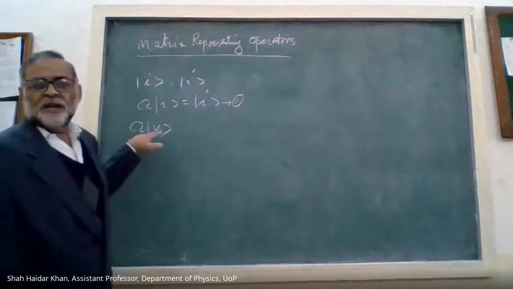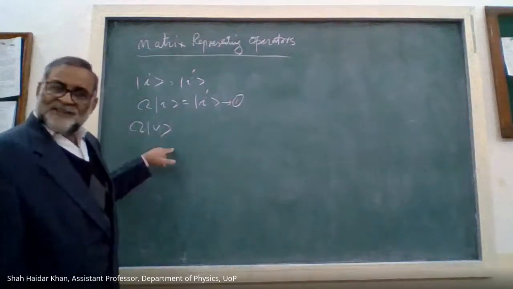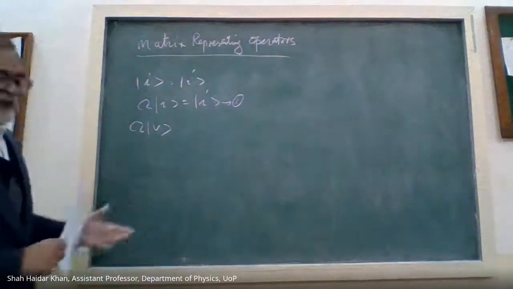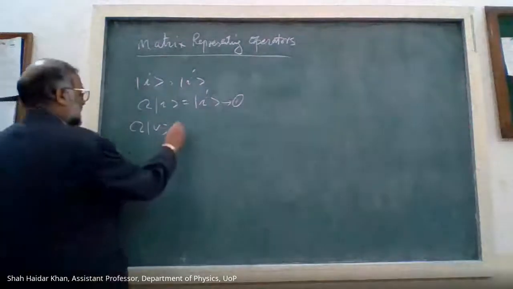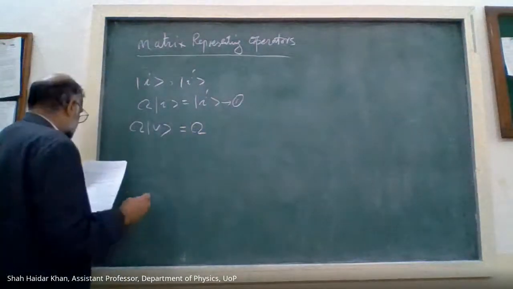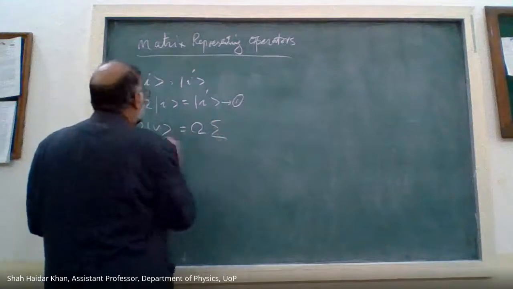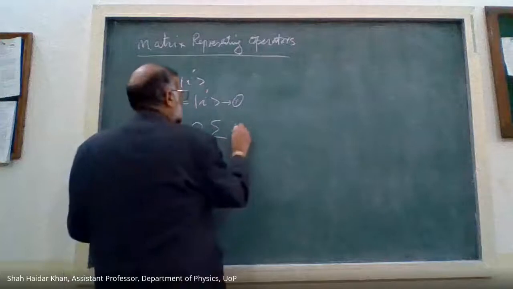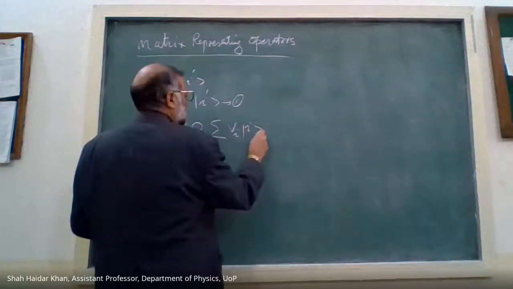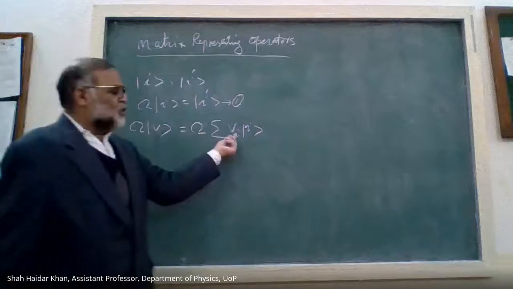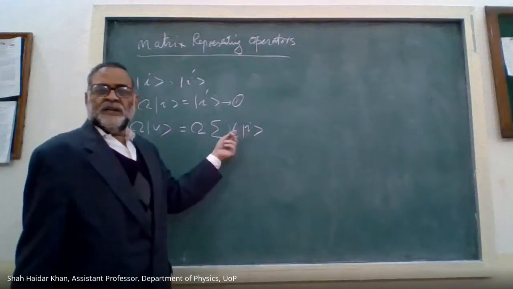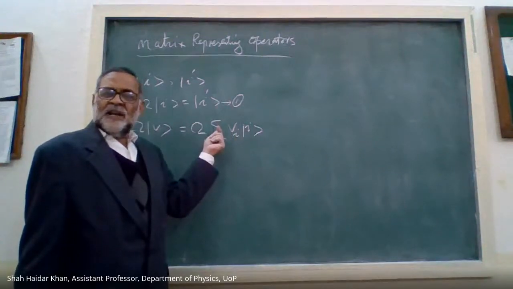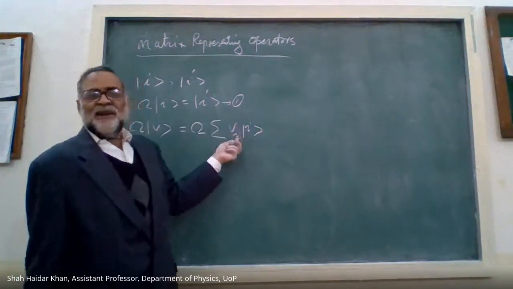If we apply it to a vector which is defined in a basis, which has some components in a basis, then it will be omega, the operator. This vector has components along the basis vectors. So we say Vi and i, 2j, 3k, something like 2i plus 3j plus 9k.